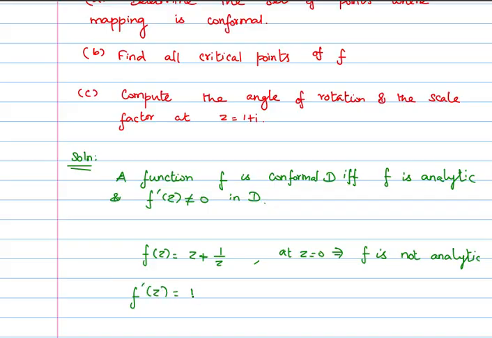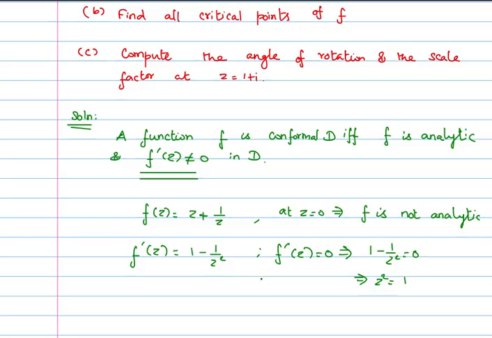F prime of z is 1 minus 1 over z square. So I am going to use this result, f prime of z equal to 0. This implies 1 minus 1 over z square equals 0. This implies z square equals 1, so z equals plus or minus 1.